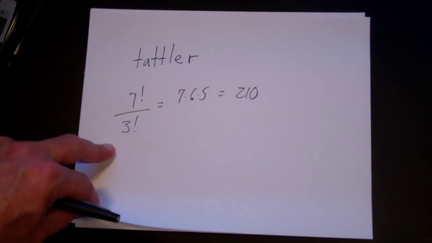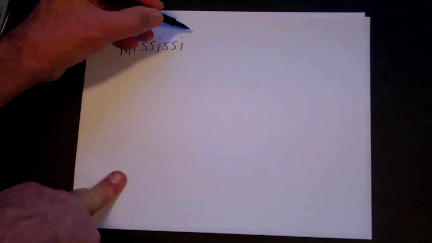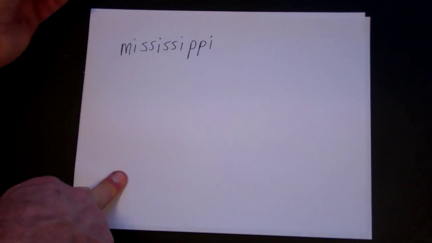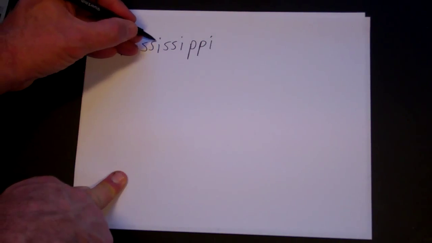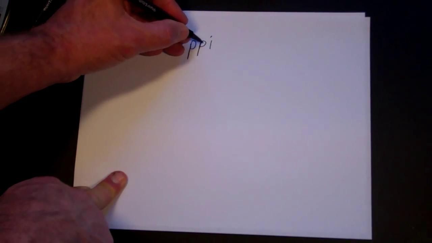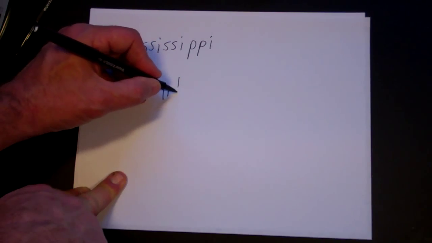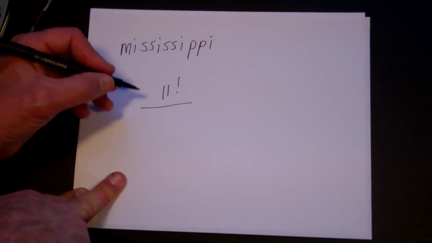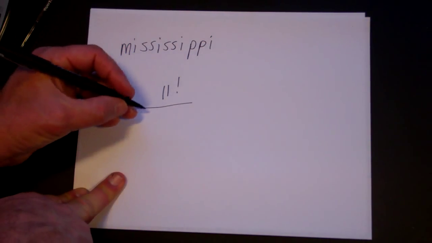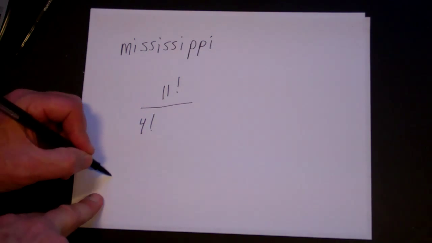Now, why do we call it the Mississippi problem? Well, if you look at the word Mississippi, there's a lot of repeating letters. Most people know how to spell it. There are 11 letters. Let's see what repeats. The I's repeat. There are 4 I's, so that's for the I's.